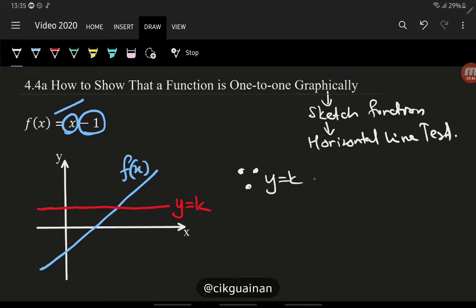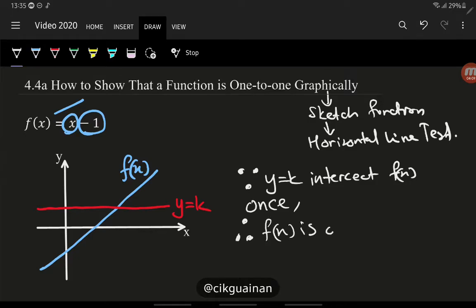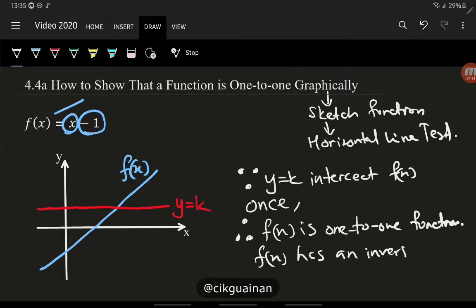So therefore, since y equals k intersects f(x) once, therefore f(x) is a one-to-one function. f(x) has an inverse.